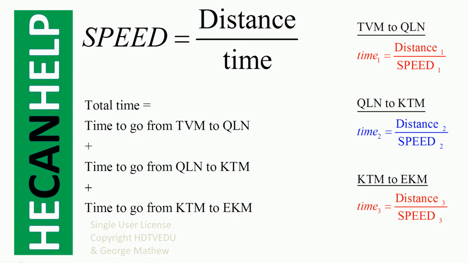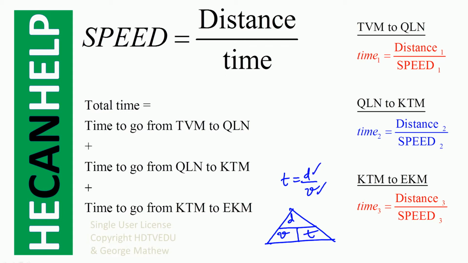We know speed is equal to distance divided by time. So if speed is a constant, what is time? Time is distance divided by speed. So for each segment we look at the distance and the speed, and we get the time.